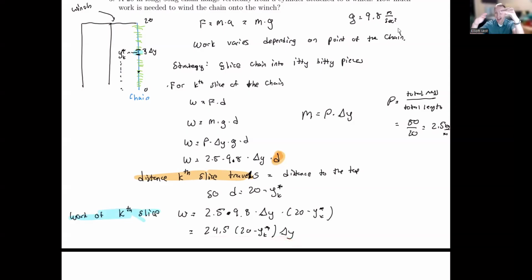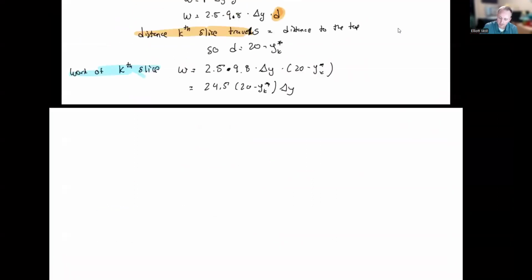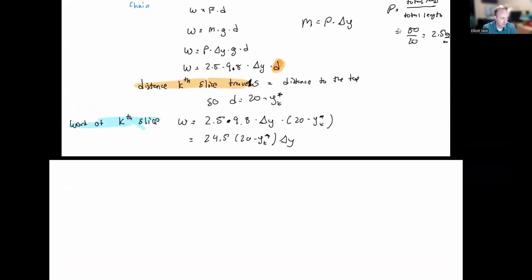Now, if we want to add up all of these expressions together, make a whole bunch of these slices, maybe even limit it to infinity, that's where we end up getting an integral. So I'll say add it up, limiting slices to infinity.